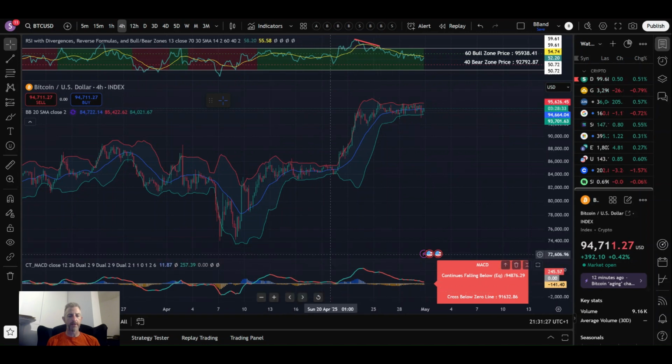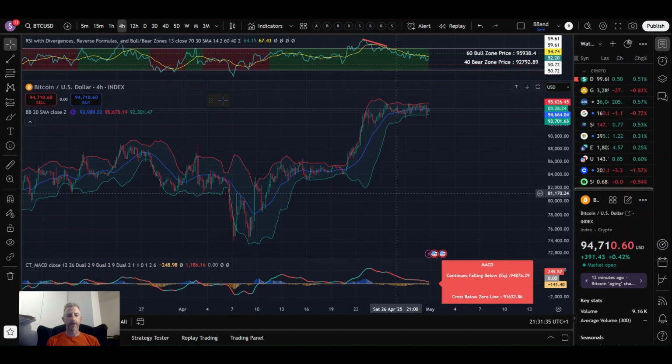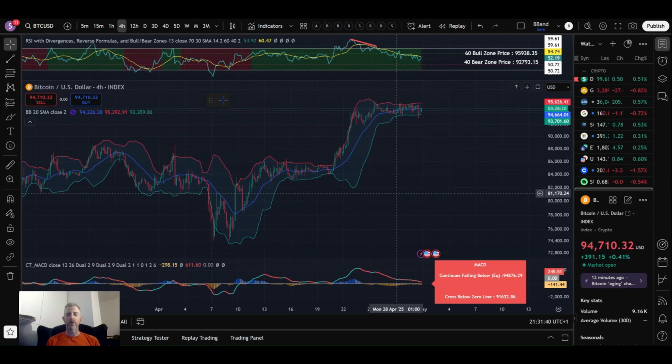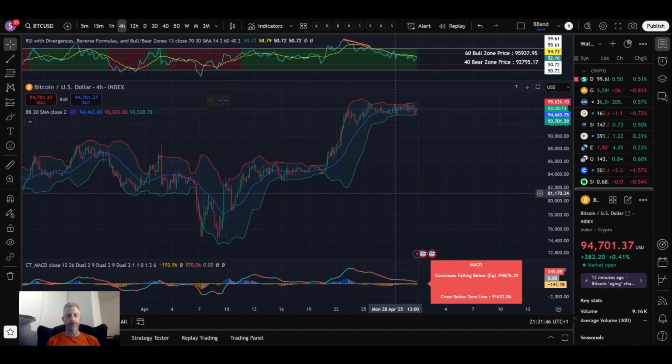So there's more likely to have price action to the upside when the MACD is above the zero line, and indeed that did happen. So I like to have a few things that give me a steer on what the momentum is and what then becomes more likely for the next move.